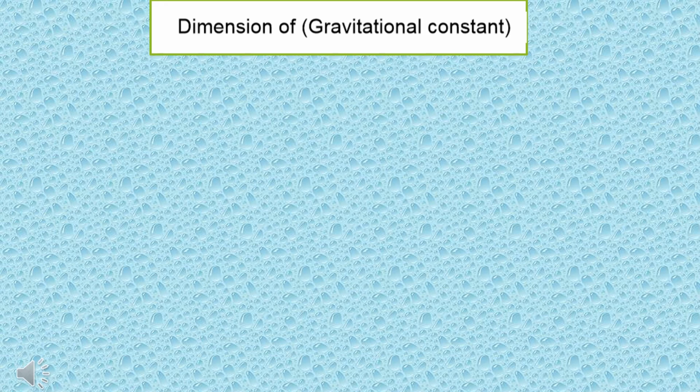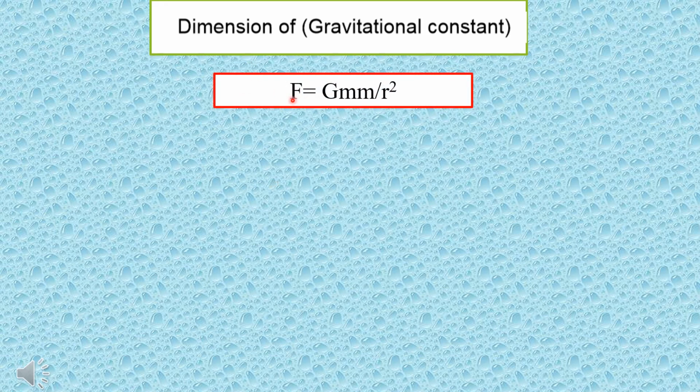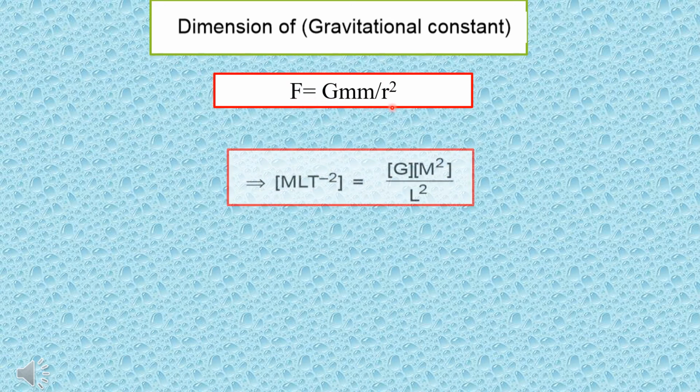Dimensions of gravitational constant G. From the formula we know that F is equal to G m1 m2 divided by r square. Now you will calculate the dimensional formula of force, and then by putting it in this formula we will get [M L T^-2], that is the dimensional formula of force, is equal to capital G, gravitational constant, into M square.